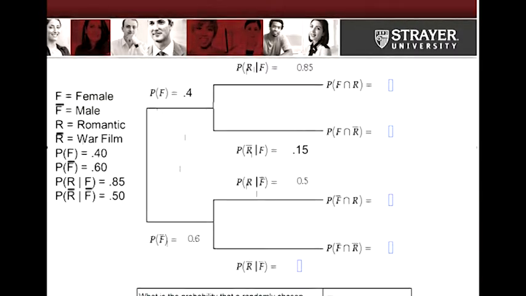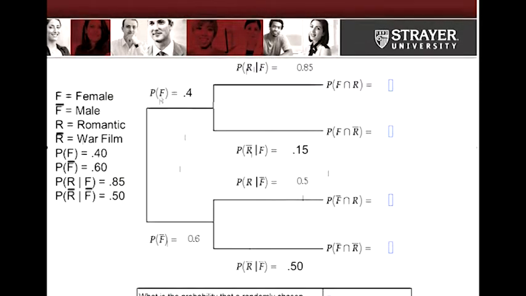So see how these are the two possibilities for all the men to have gone to. So we are split between romantic and war, so 50% and 50%, because these two have to add up to 1. Now we ask the question, what is the probability of F intersect R?